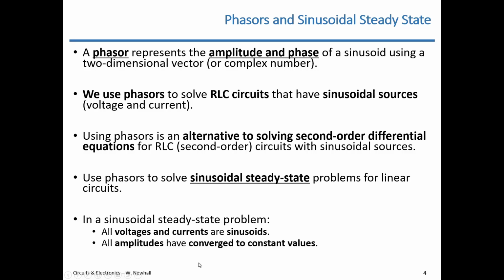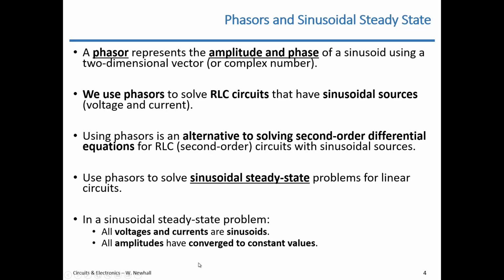And when we turn on these sinusoidal sources, we let the circuit settle a bit, but all amplitudes of all of the sinusoids throughout the circuit, voltage and current, will converge to constant values. So the voltages and currents are not constant, but the amplitudes of those sinusoidal voltages and currents are steady.